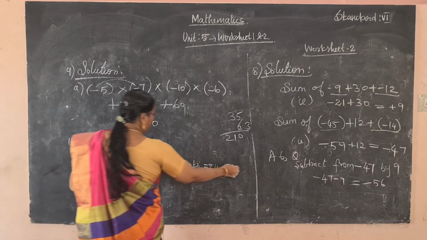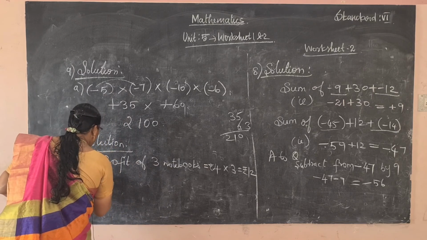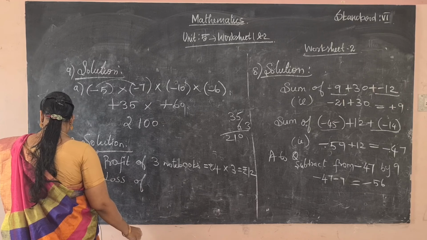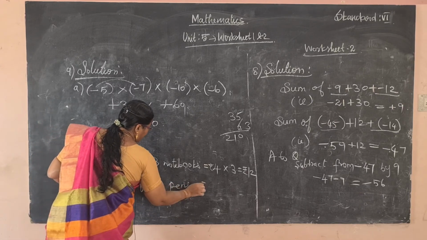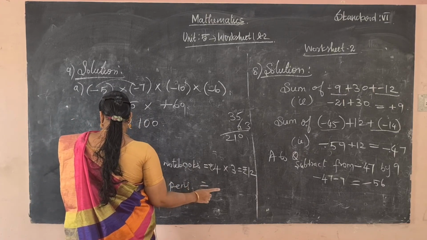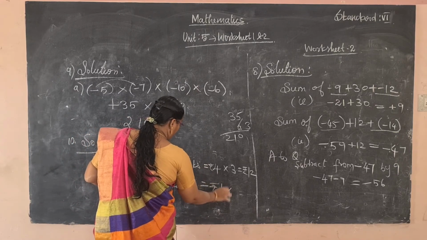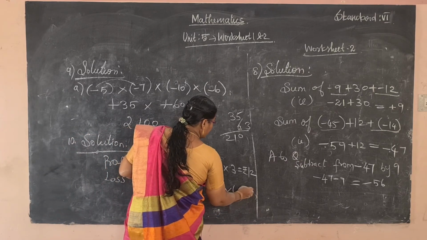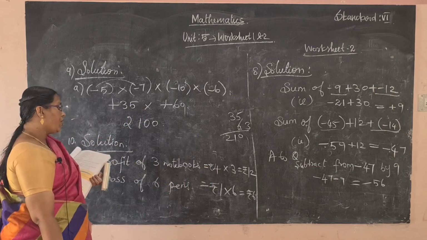So what is the value? Rupees 12. And the loss of 6 pens is equal to, how many rupees for each? Loss value is 1. So 1 into the 6 pens sold, so rupees 6.